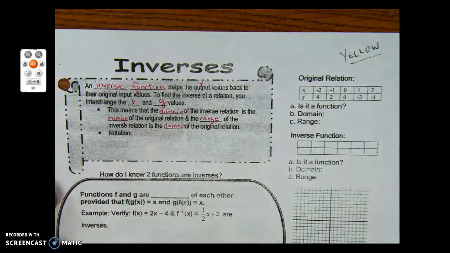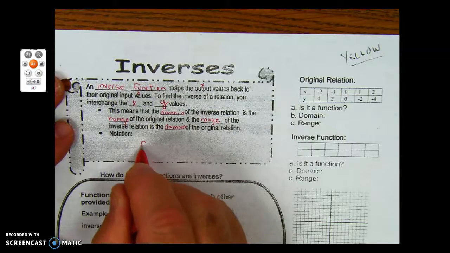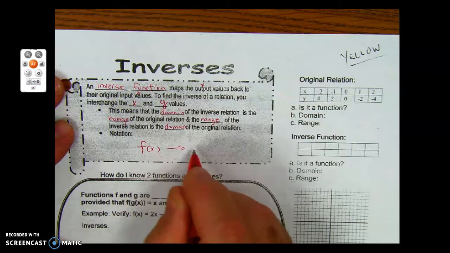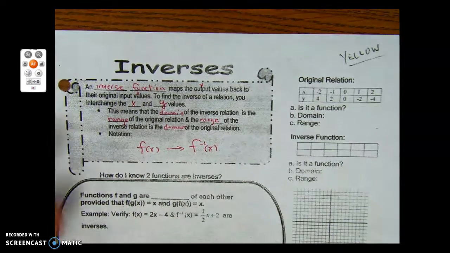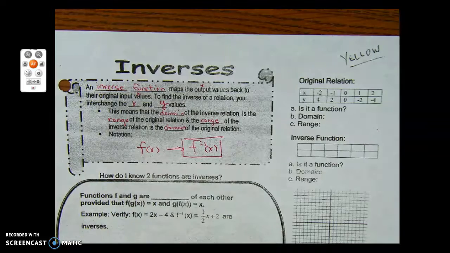Okay? The biggest thing is the notation. If you have a function f of x, then the inverse becomes f to the negative 1 power of x. So that's f inverse of x right there. So that's the inverse. Okay?